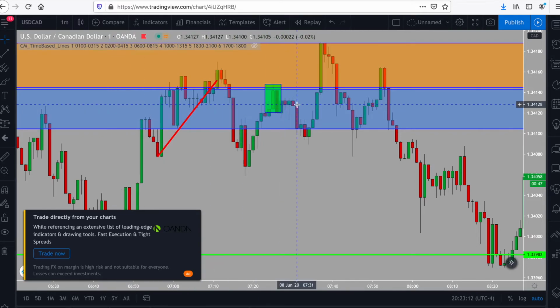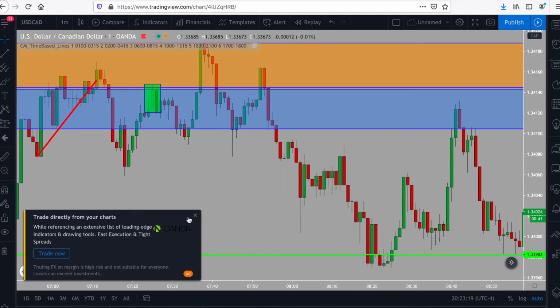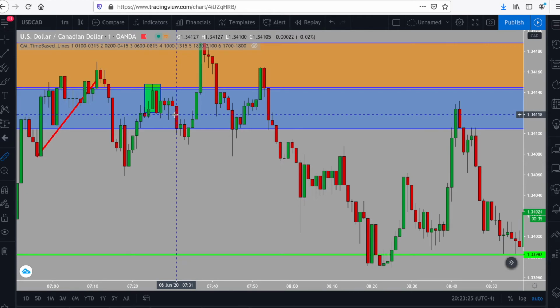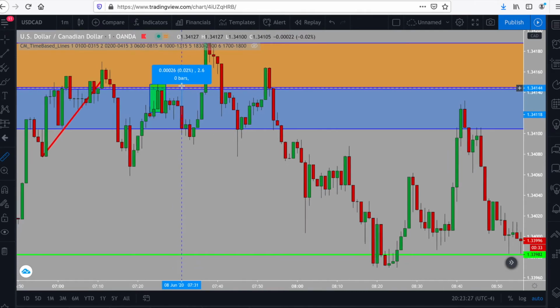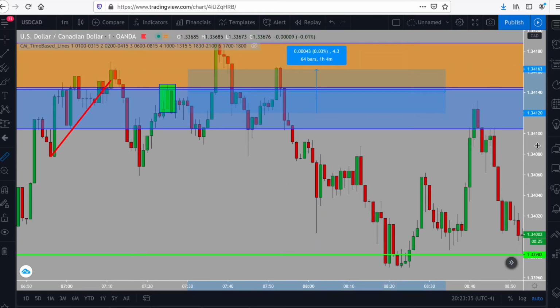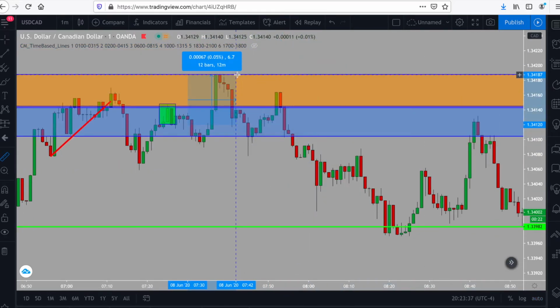However, price did fall down, but it did come back above where I entered at, putting me in drawdown. If I use my little ruler, it'll show how many pips of drawdown I was in. So about 6 or 7 pips of drawdown.